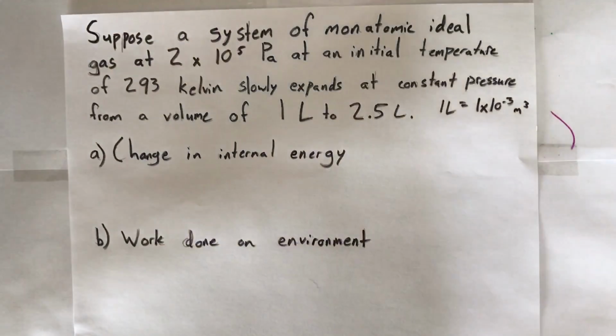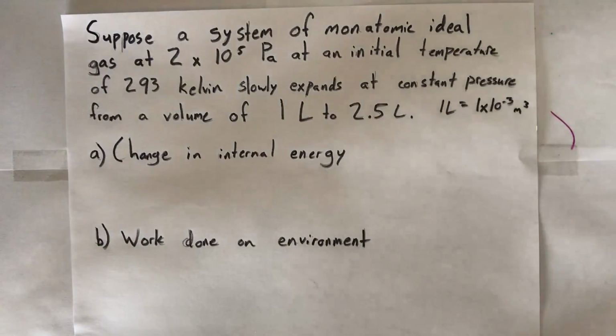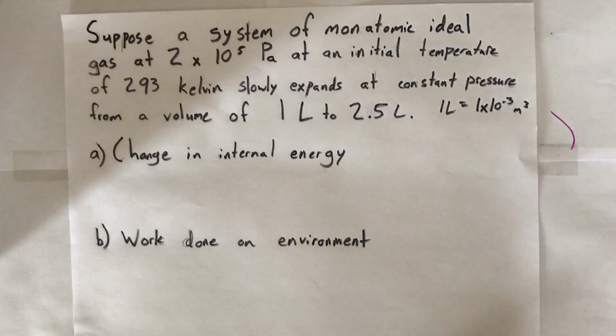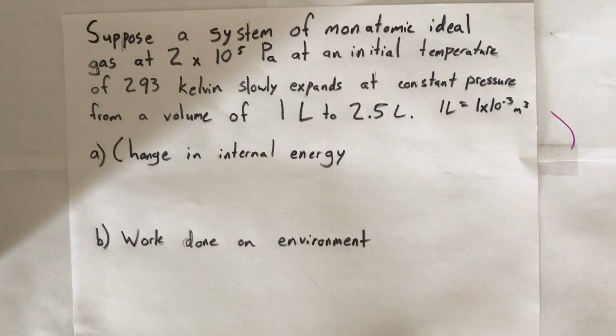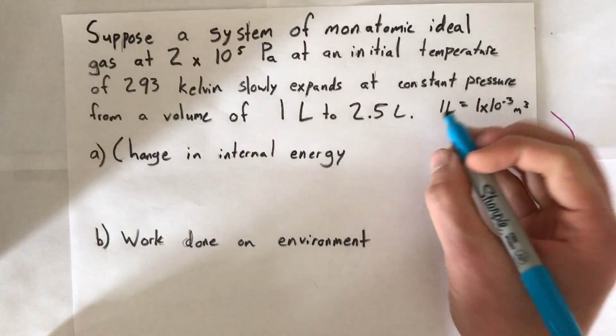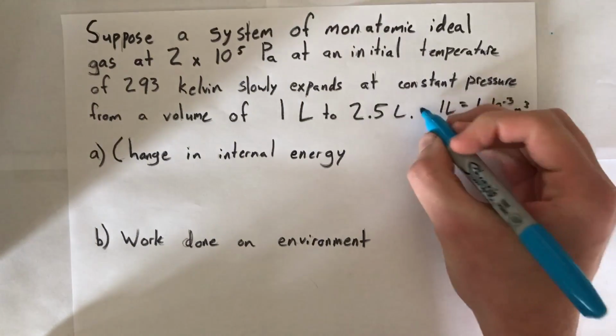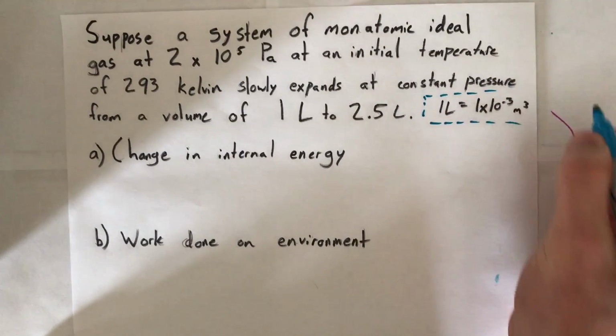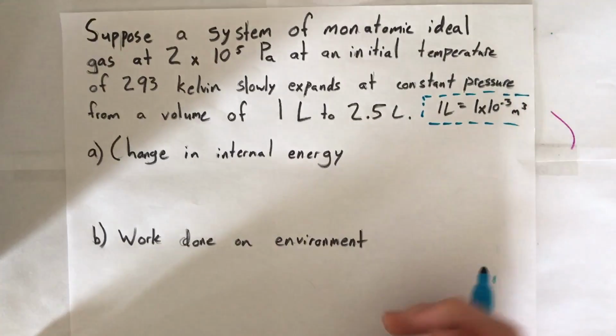Okay, so it says here, suppose a system of monatomic ideal gas at 2 times 10 to the 5th pascals and an internal temperature of 293 Kelvin slowly expands at a constant pressure from a volume of 1 liter to 2.5 liters. And they also helpfully give us this, 1 liter is 1 times 10 to the negative third.